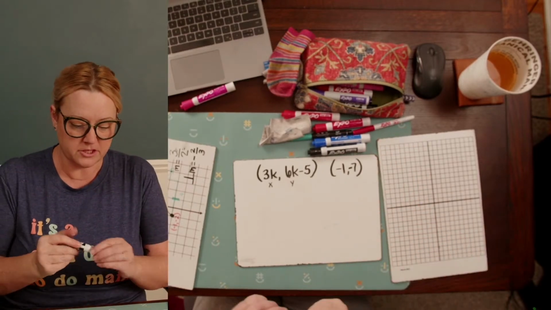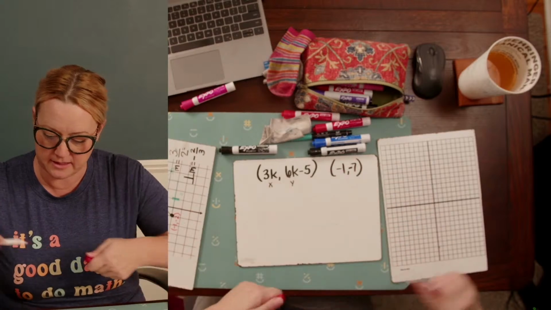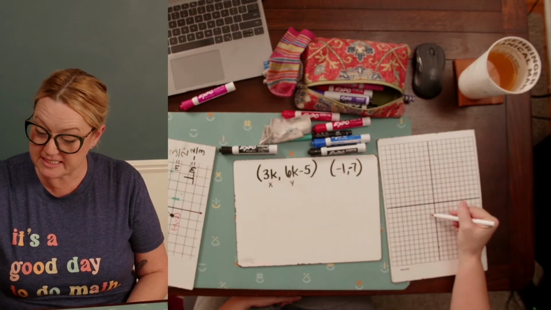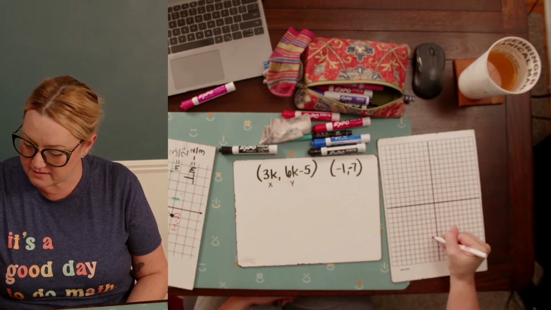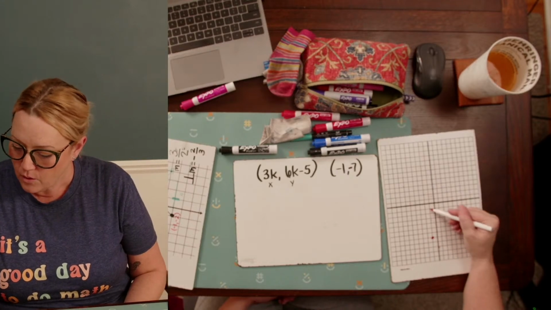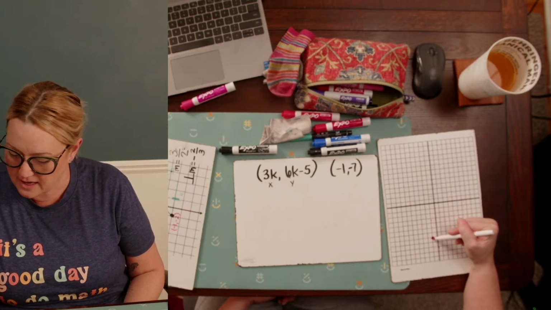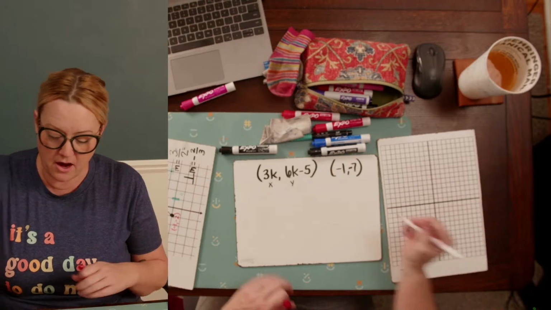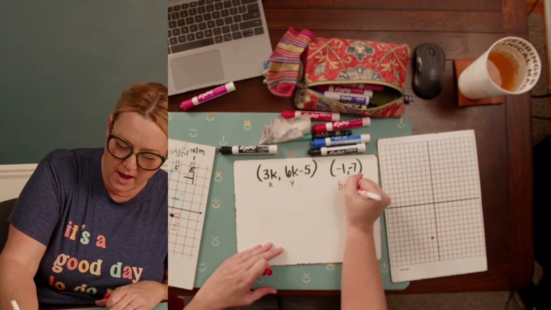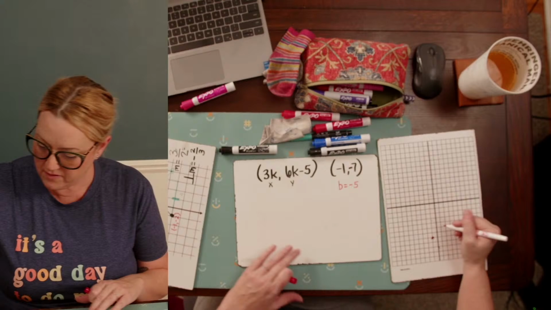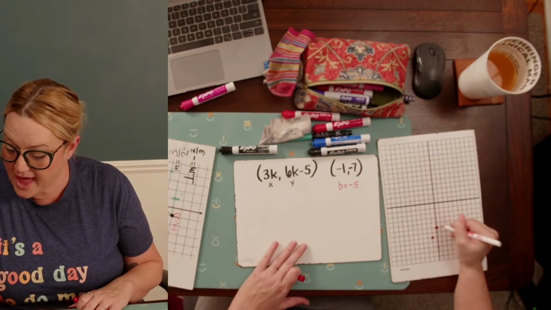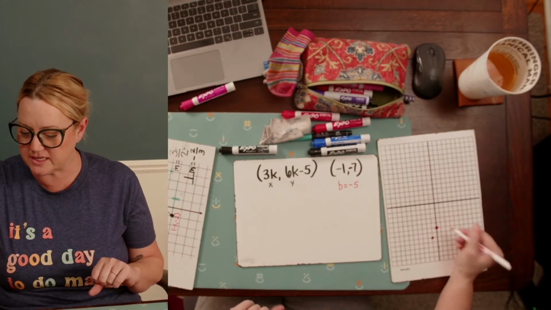Okay, so we've got negative 1, negative 7. That's going to change things quite a bit. 1, 2, 3, 4, 5, 6, 7, negative 1, negative 7. And then our b value, our y-intercept, is still negative 5. Isn't that interesting how that worked out, though?